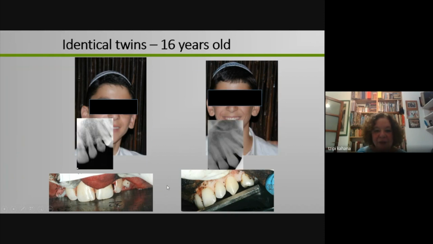We did the radiographs, and what we found is that in one of the twins, the permanent canine has not erupted, and he retained the deciduous canine. And that was the way that we could distinguish between these two individuals to be able to give them each one his own burial.